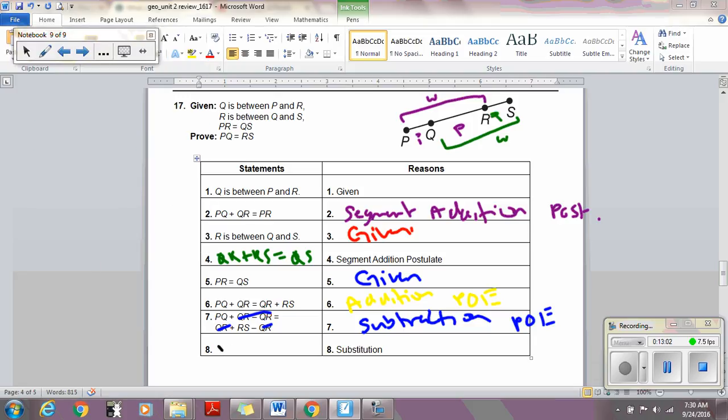It should be here in the first place because, again, the last statement will always be the proof statement.